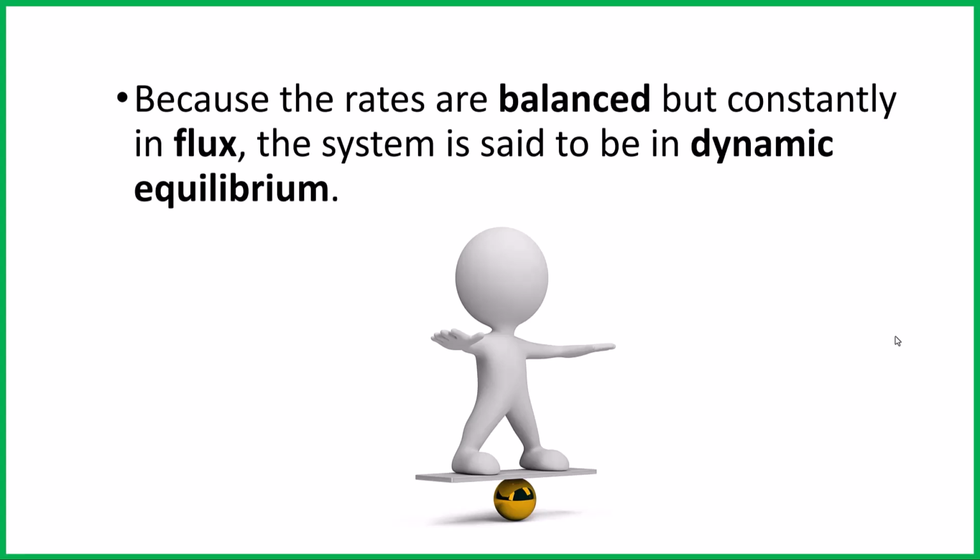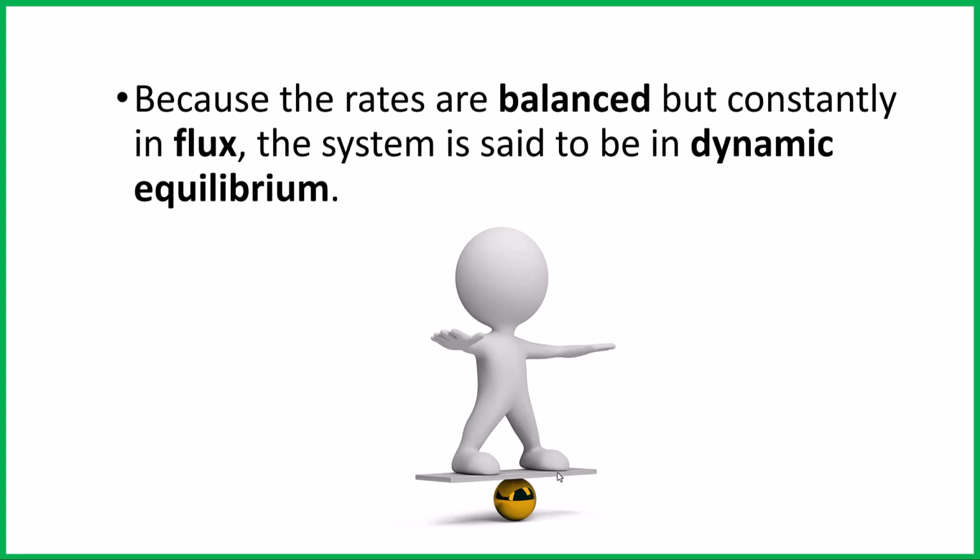Because the rates are balanced but constantly in flux, the system is said to be in dynamic equilibrium. So this may be a term that you've heard in biology class, but dynamic means moving, and equilibrium, here we're talking about equal rates of reactions. And so it's kind of like balancing on a ball.